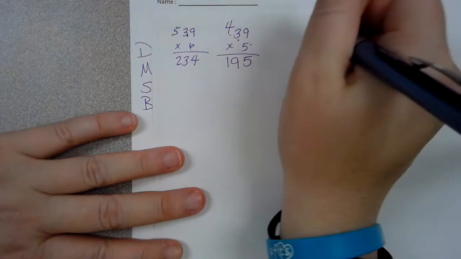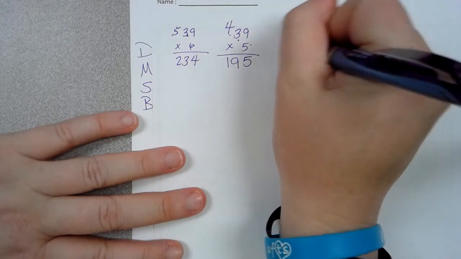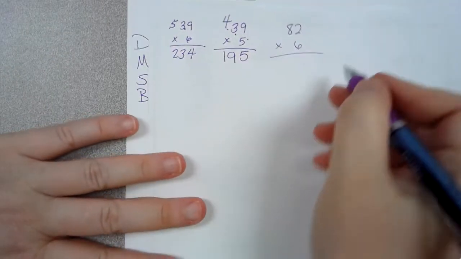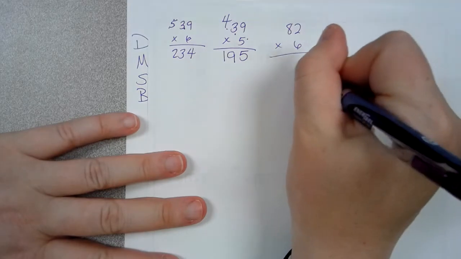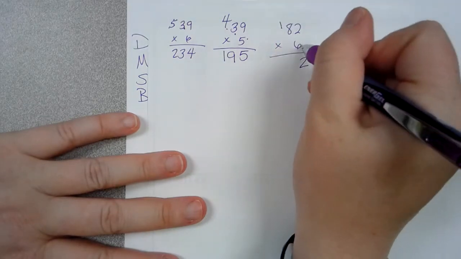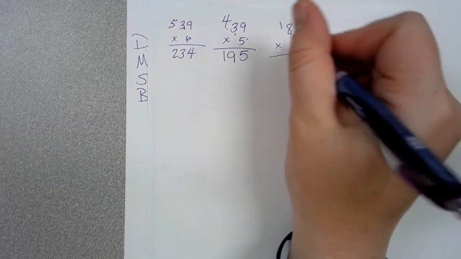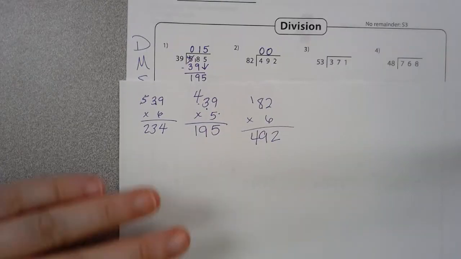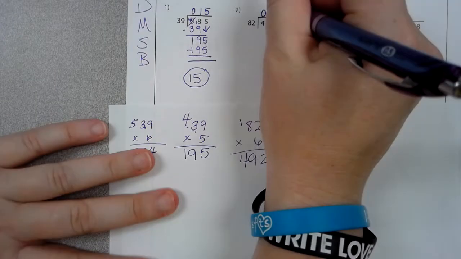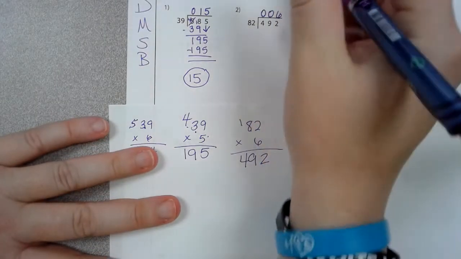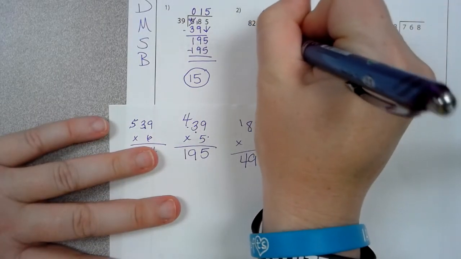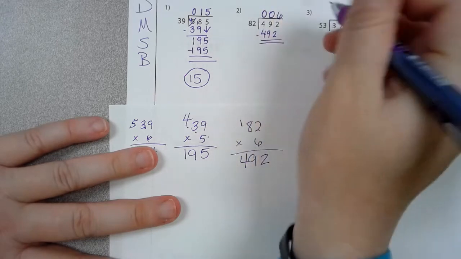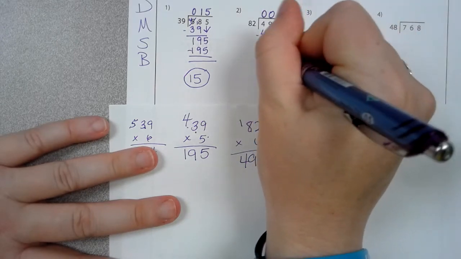So scratch paper. 82 times 6. 6 times 2 is 12. 6 times 8 is 48, plus 1 is 49. And there we go, 6 times. So I'm going to put my 6 here and go 6 times 82 is 492. Subtract, my answer is 6.